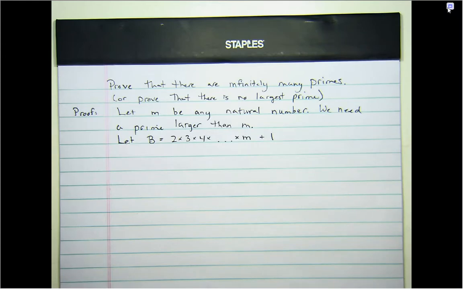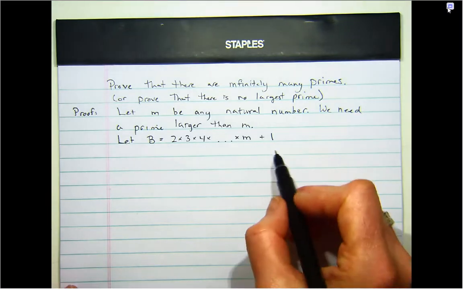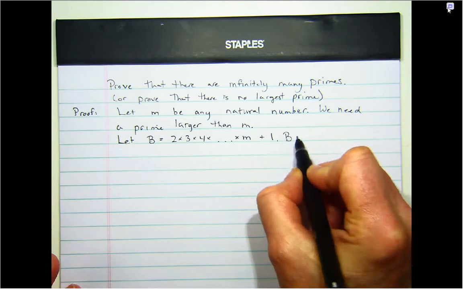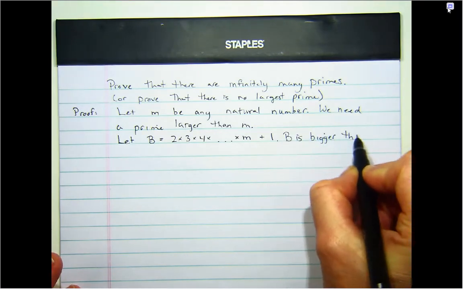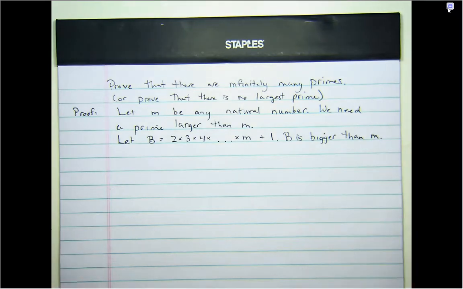Well, it's important that B is big, so we have to say that in our proof. B is bigger than M. It's at least bigger than M by one number because we add 1 on. So it's a bigger number than M is.